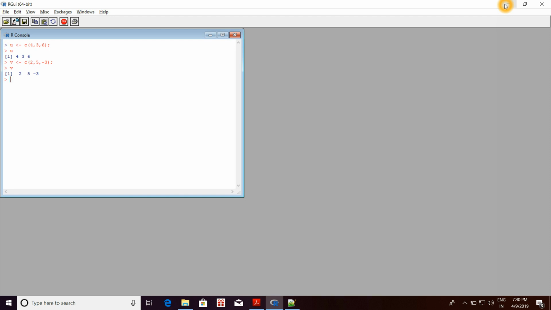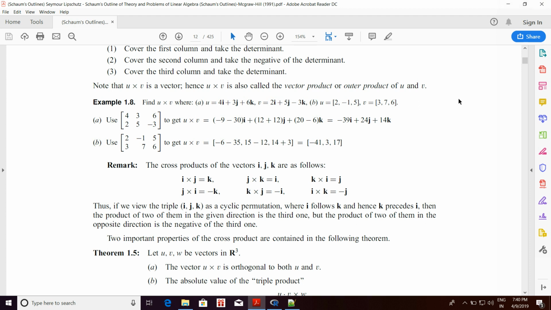So first we need to calculate the determinant. We have to cover the first column and take the determinant. How to take the determinant? We multiply 3 with minus 3 and then subtract 5 times 6.